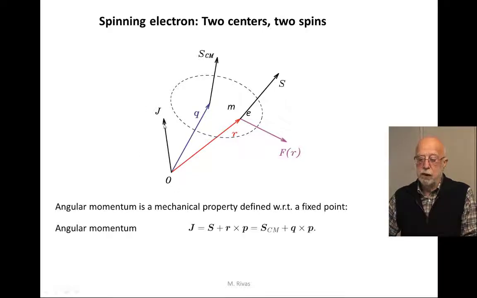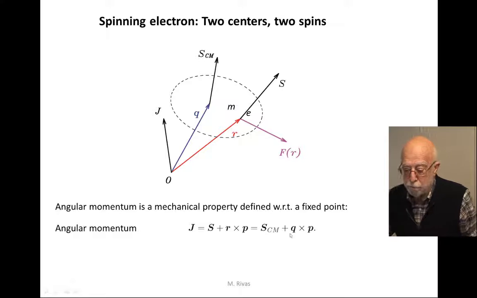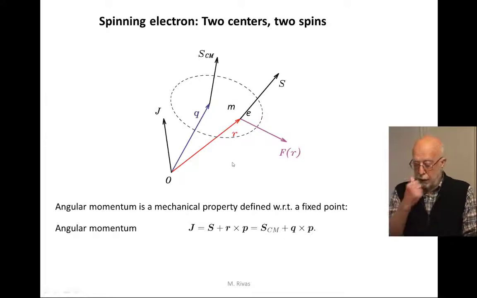So the total angular momentum can also be written as the spin with respect to the center of charge plus the cross product of r cross the linear momentum of the electron in this frame. Or alternatively, as the spin with respect to the center of mass plus q cross the linear momentum. And we can use these equations to establish the relationship between both spins.